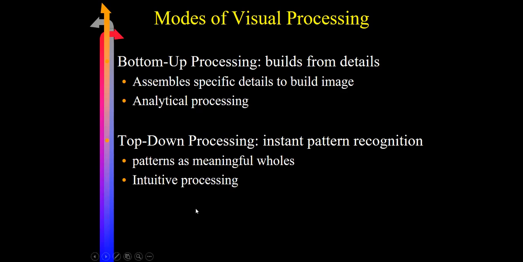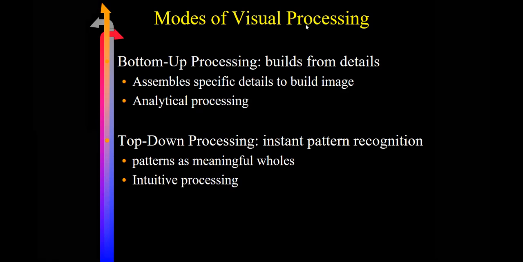This is an example of top-down processing, and this is where we make a very rapid but very quick appraisal of that particular stimulus, and using just an instant pattern recognition, we pick out certain patterns as being meaningful whole objects.